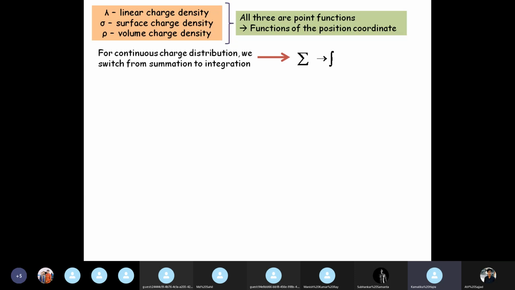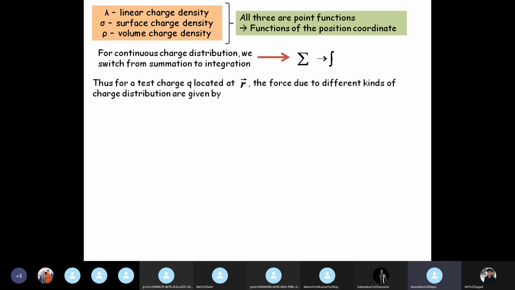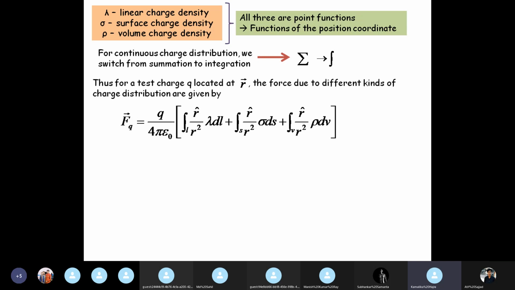And for continuous distribution, we shift from summation to integration, so that the force can now be written like this. This was the resultant force due to a number of charges acting on a particular charge. So Qi are the source charges that act on a particular charge Qj, so that i not equal to j. This is how we found the expression.